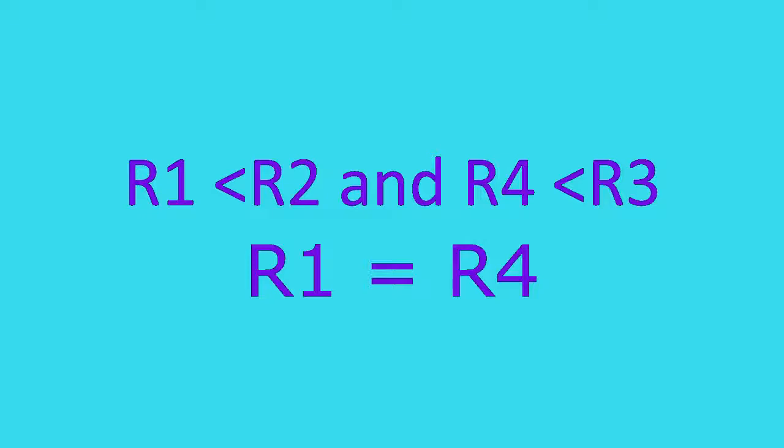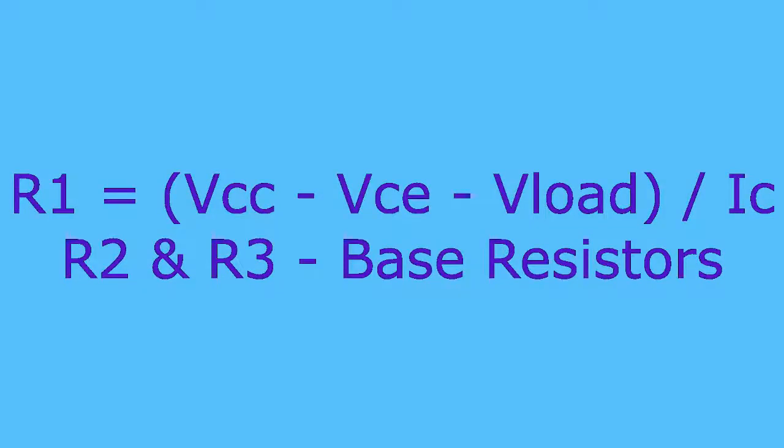R1 and R4 are the collector resistors. They should be designed to limit the collector current IC within the safe limit. R1 equals VCC minus VCE minus V load, divided by IC. R2 and R3 are the base resistors.